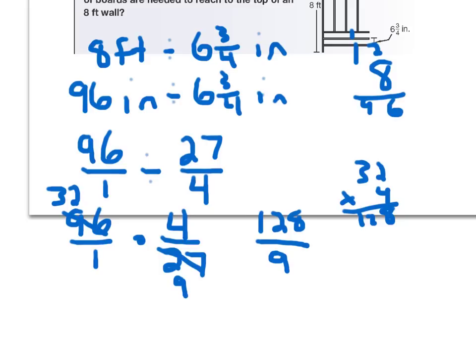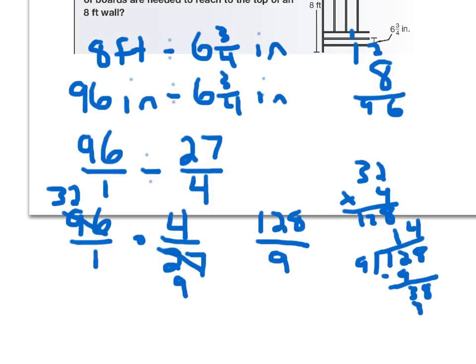Now we need to tell some number of boards. So that's not a good indication. So we have to change this to a mixed number so that we can figure out how many boards. So we need to do 128 divided by 9. Well, 9 goes into 12 once. And 9 goes into 38 4 times.